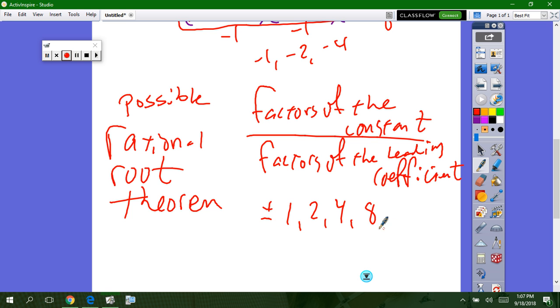Okay, who are my factors of my leading coefficient? 1, so it's plus or minus 1. So what are the possibilities? Well, here we go. What's 1 divided by 1? 2 divided by 1, 4 divided by 1, 8 divided by 1. 1, 2, 4, 8. You agree?